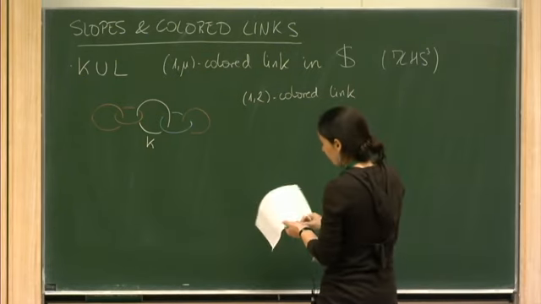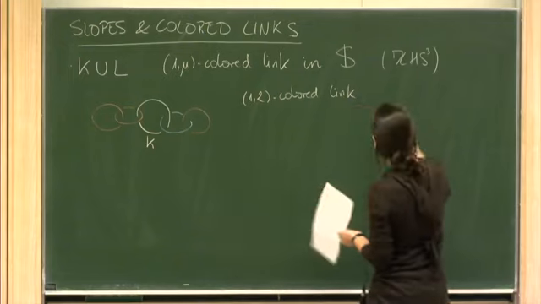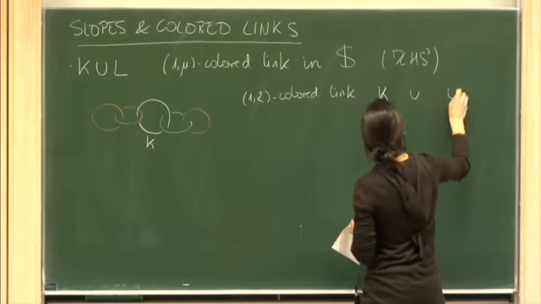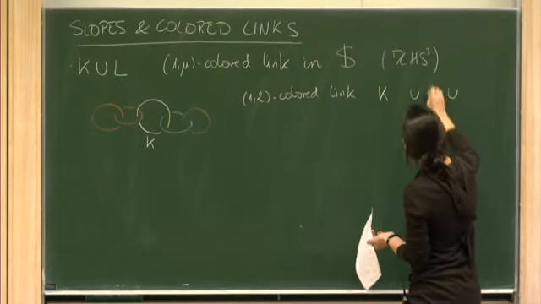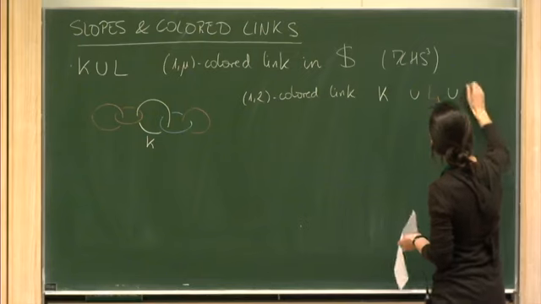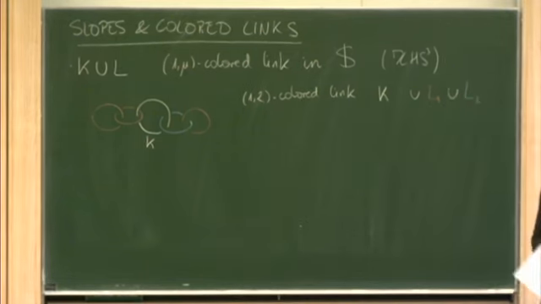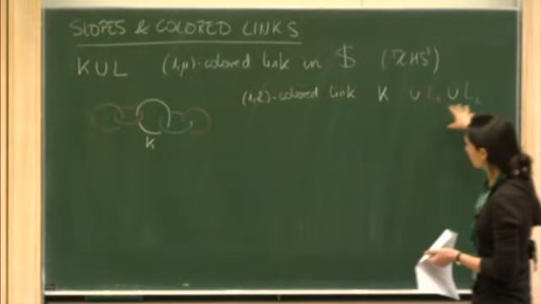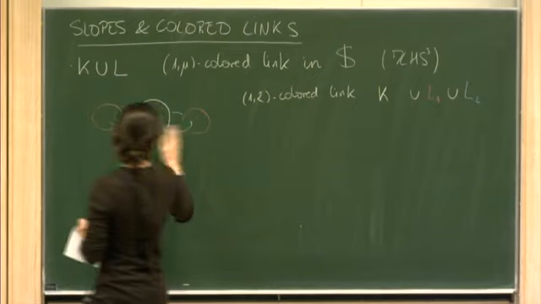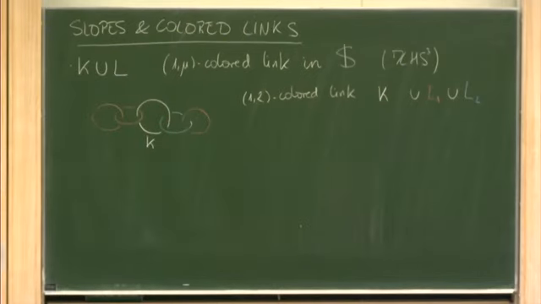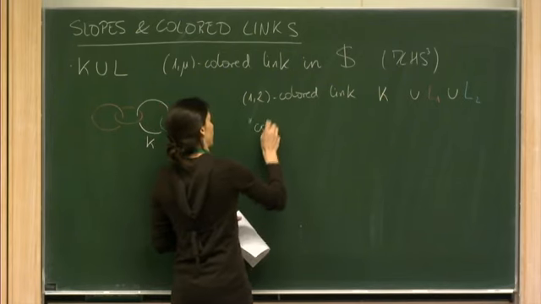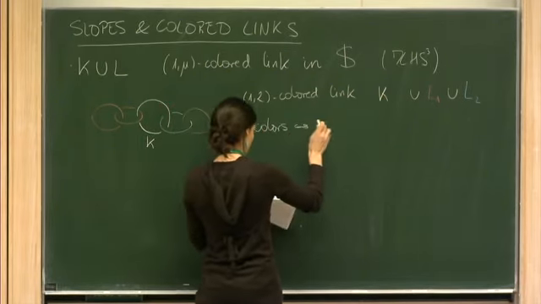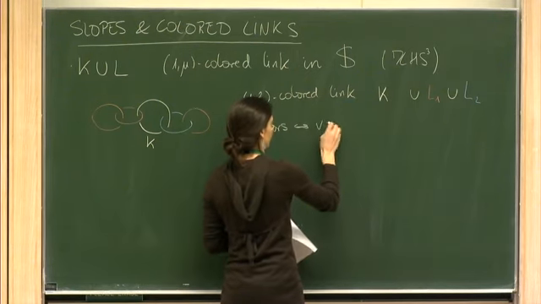And so if I want to think about K union L, what I would think is that I have K union a red link of 3 components and a white link and a blue link of 1 component. And so this division corresponds to these 5 knots and that link. And this division is just, you have to think of the colors as the variables in the invariants.